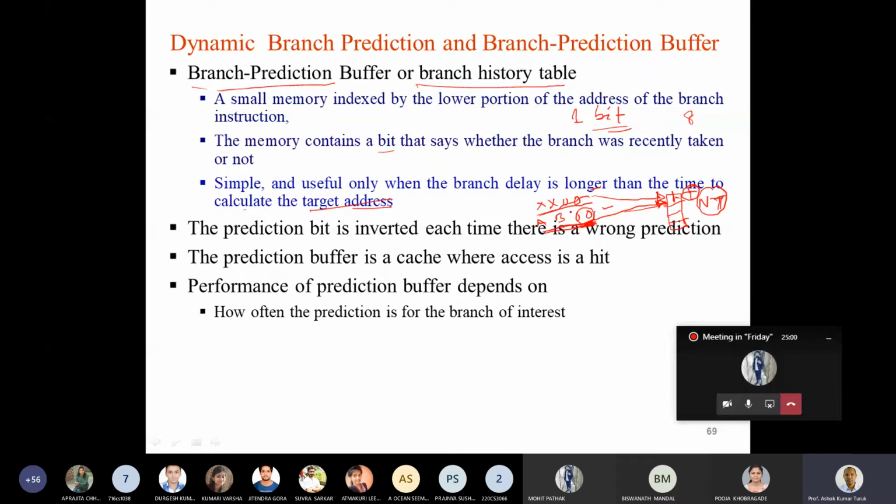Now look at this. This is my branch instruction, and this instruction has set the prediction buffer. Now this is another branch instruction. Whatever information is stored here is not for this branch instruction. It was for this other branch instruction.